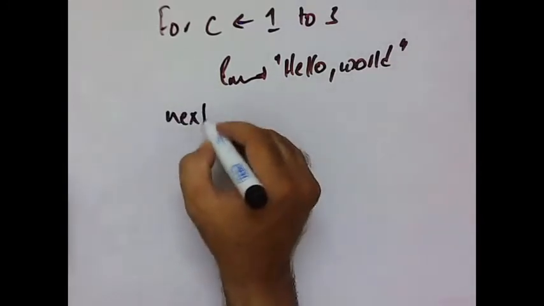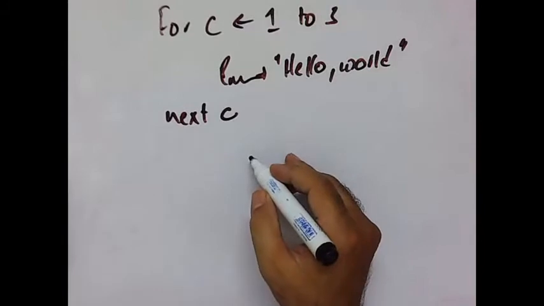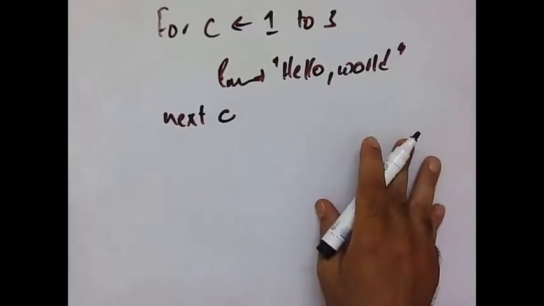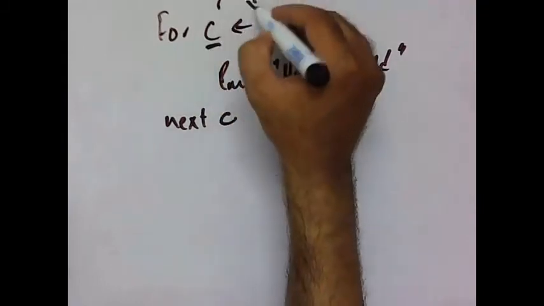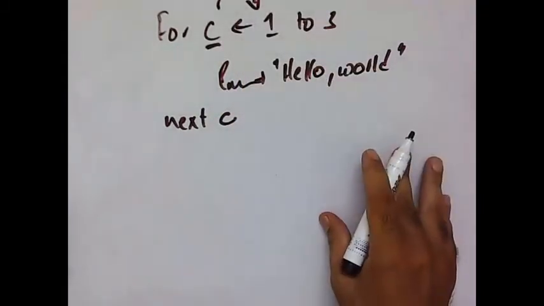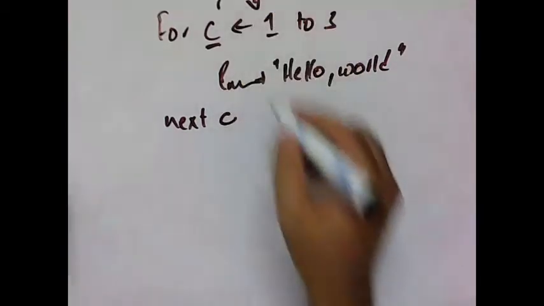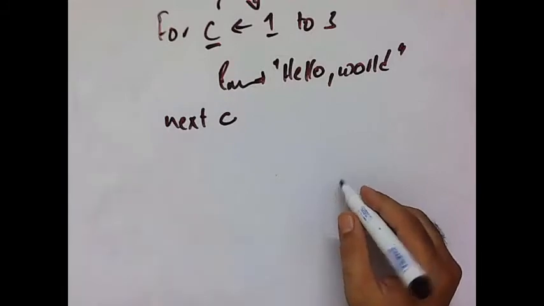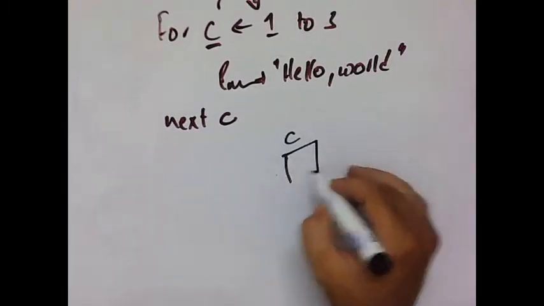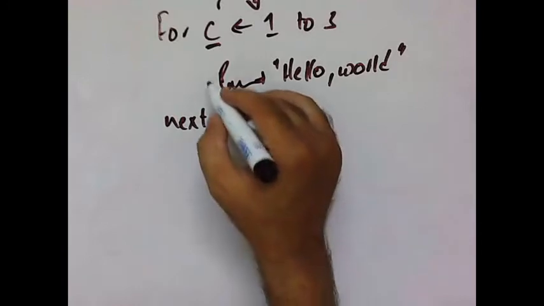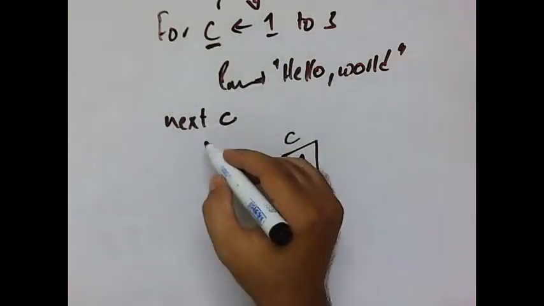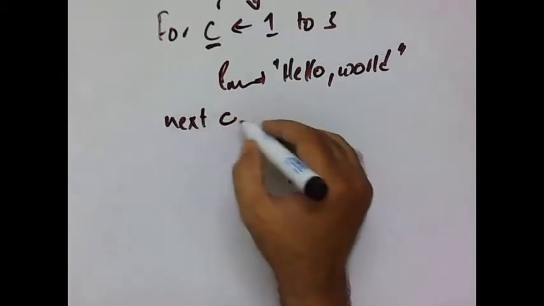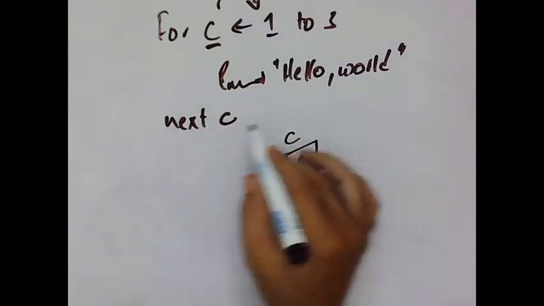So this would tell the computer to create a variable C and initialize that variable with the first numeric value that is written after this arrow symbol, and after it has initialized C with 1, it will execute whatever statements are between for and next, and then it will jump to this next statement.